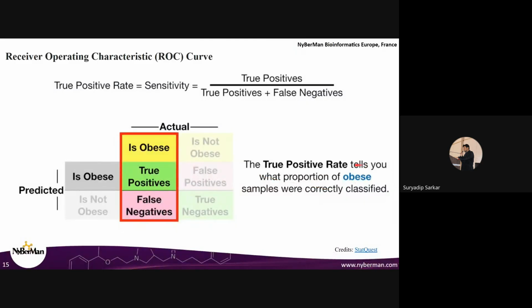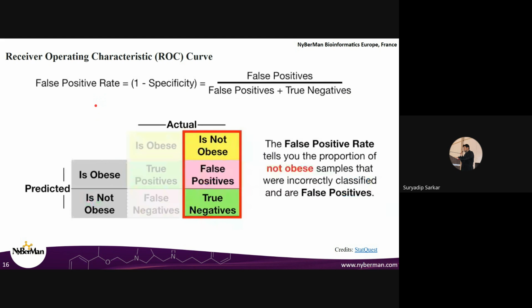What does the true positive rate tell us? It tells us what proportion of the obese samples, or what proportion of the positive class, was correctly classified. That is why it's called a true positive rate.